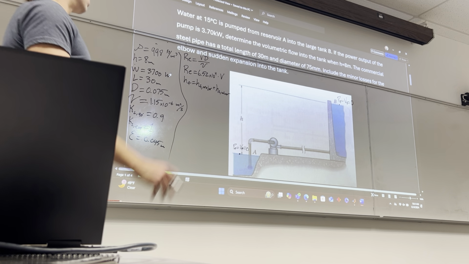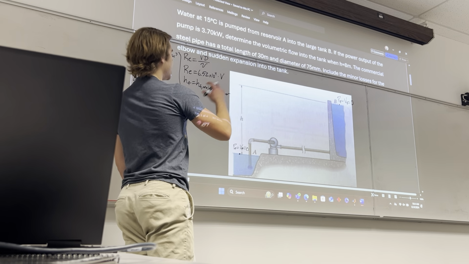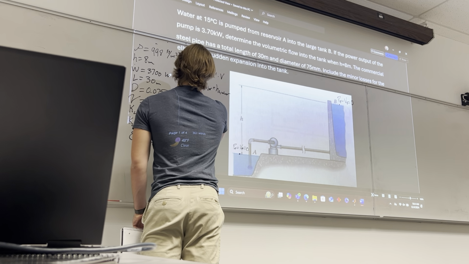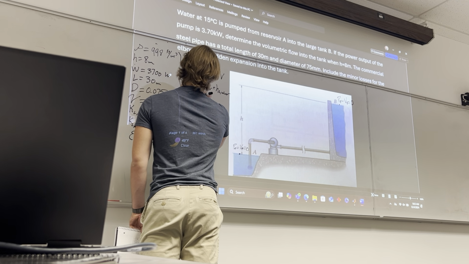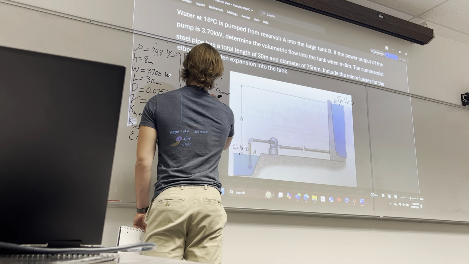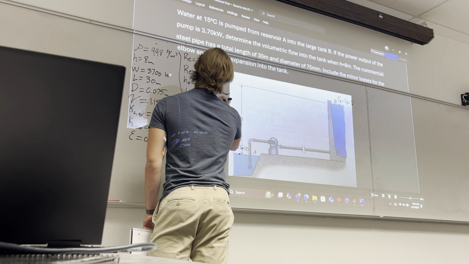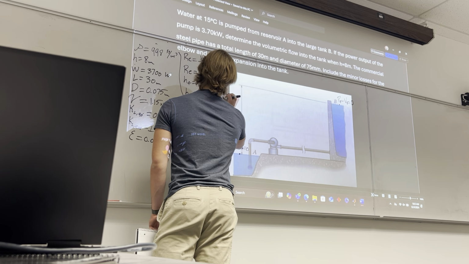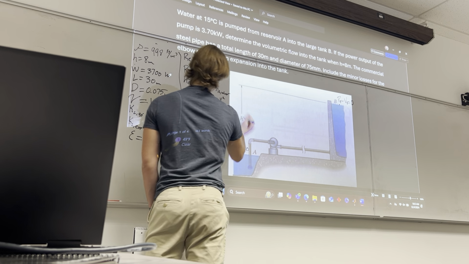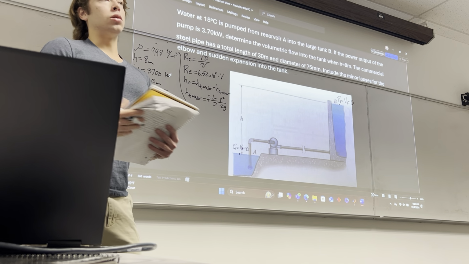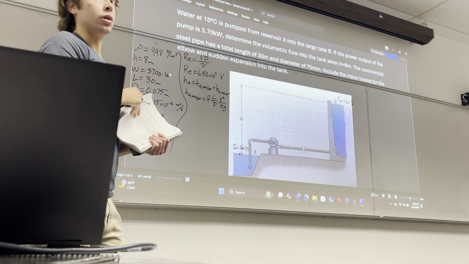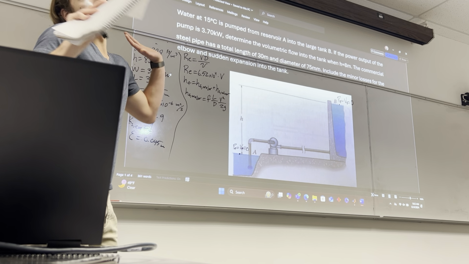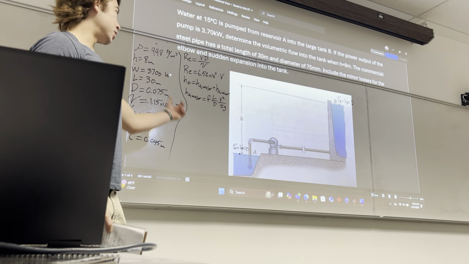Whatever you want to call it, it doesn't matter. This is just an equation that you'll be given. So it's HF major equals F times L over D times V squared over 2G. I'm sure your professor will probably do some big derivation of it. Whatever, this is what it'll spit out.